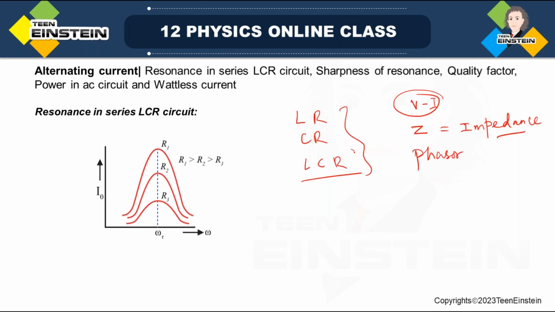And for LCR cases we have used both analytical treatment, by solving the differential equation, and also the phasor diagram method. So today I'll take one part of series LCR circuit.